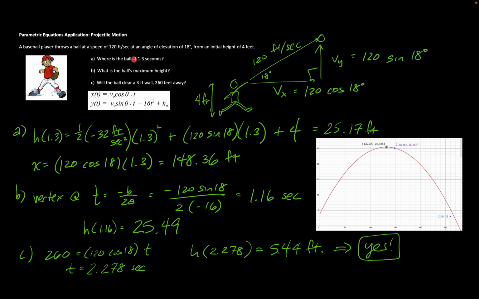So, part A, where is the ball at 1.3 seconds? There I will simply plug in the time 1.3 into the equation for both the horizontal and vertical displacement. So, vertically, for y, I will have the term with the acceleration, that's the minus 16 times time squared, plus 120, this is the initial velocity, times sine of the angle, that's 18 degrees, multiplied by time again.